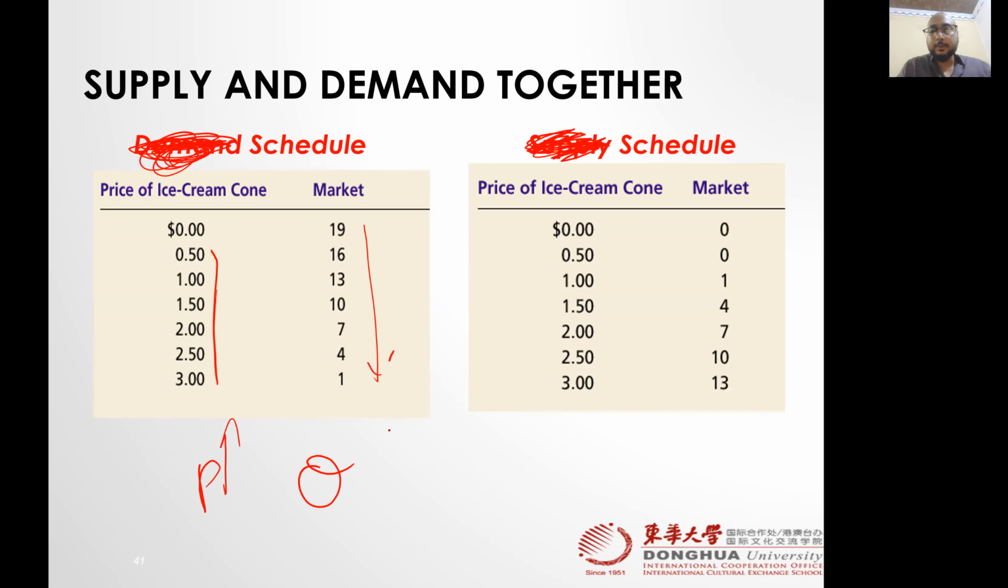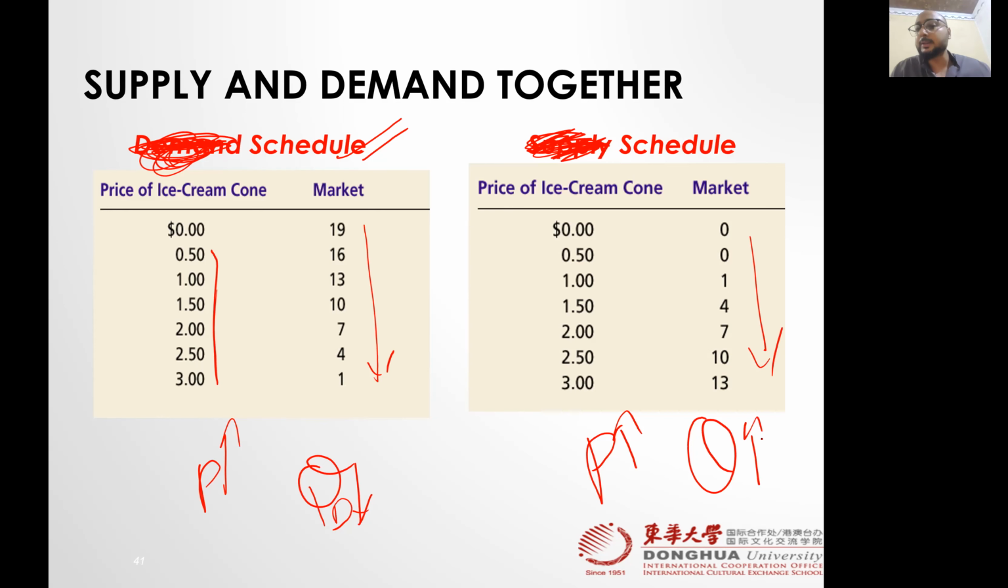You see that quantity is going down. So this must be the case of demand. This table is demand table or demand schedule. And here if you see price increases and here quantity also increases. So this must be the case of quantity supplied.